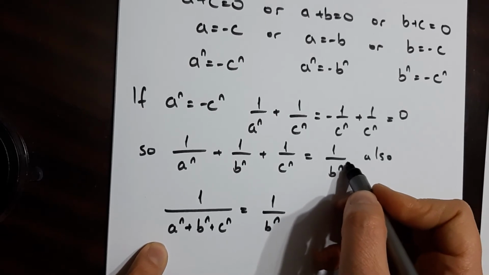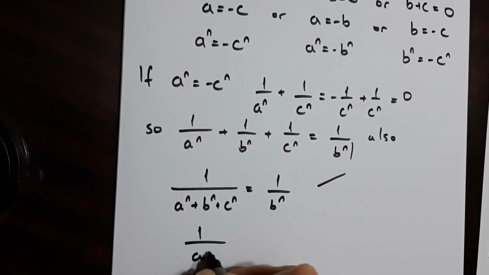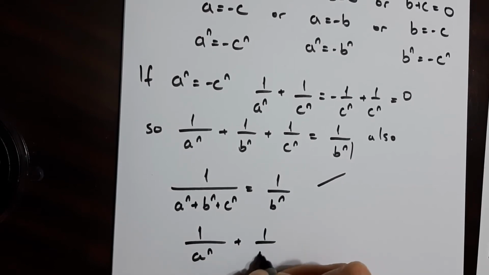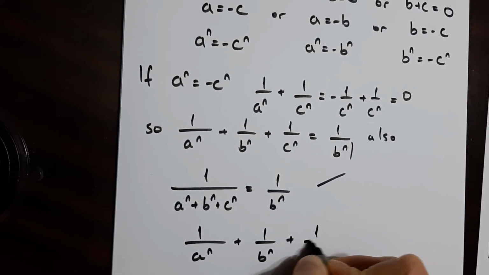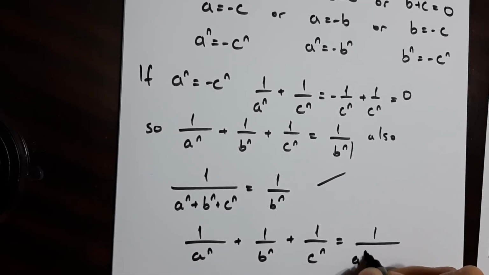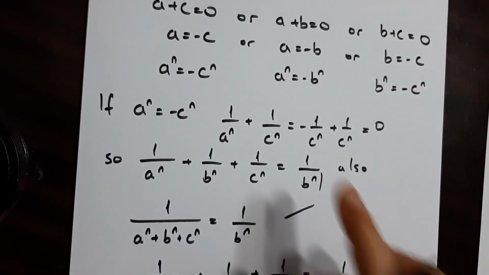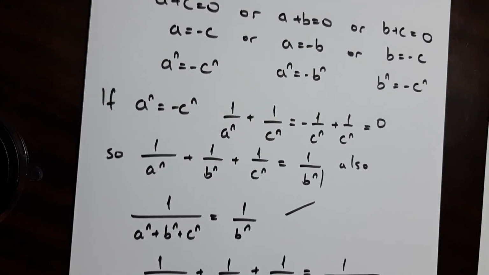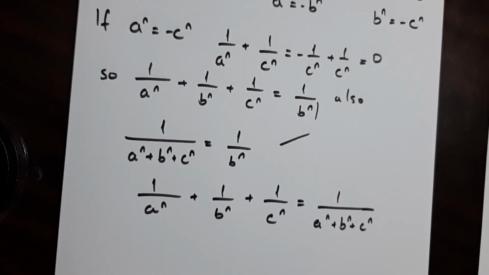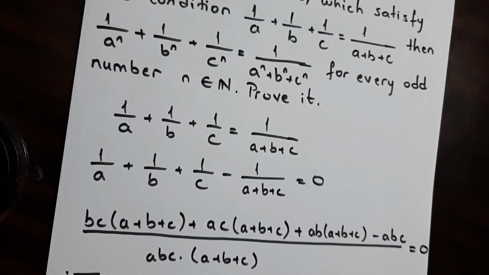So from these two, I can write that 1 over a to the power of n plus 1 over b to the power of n plus 1 over c to the power of n is equal to 1 over a to the power of n plus b to the power of n plus c to the power of n. You can try for all three cases. You will get the same result. So we proved the expression that was asked of us. Second question.